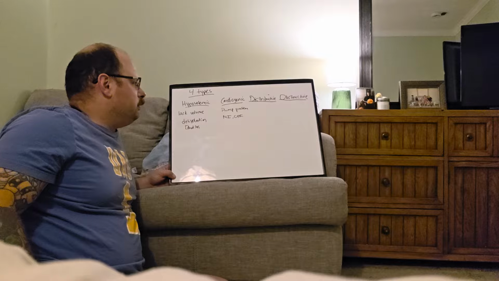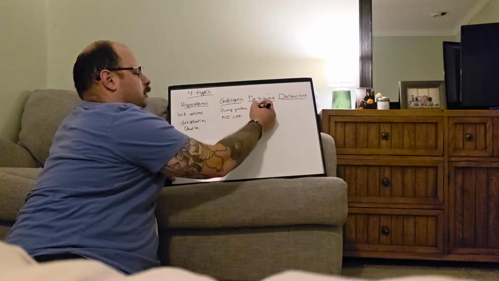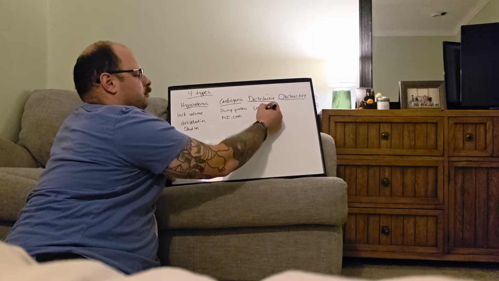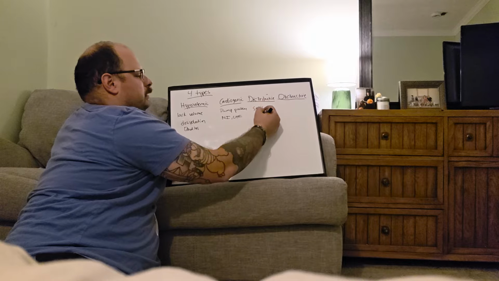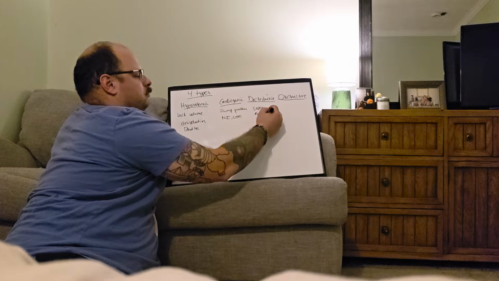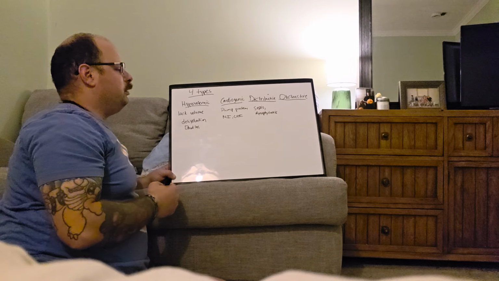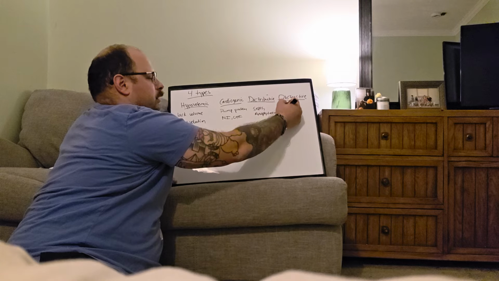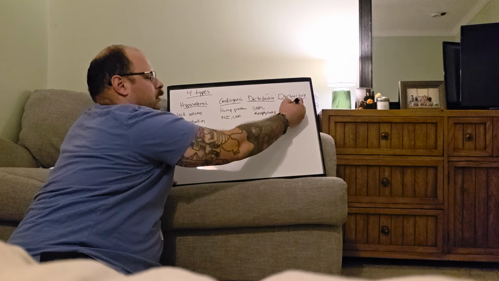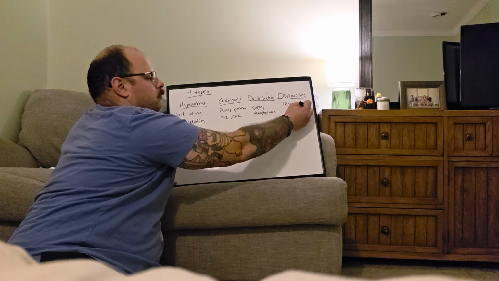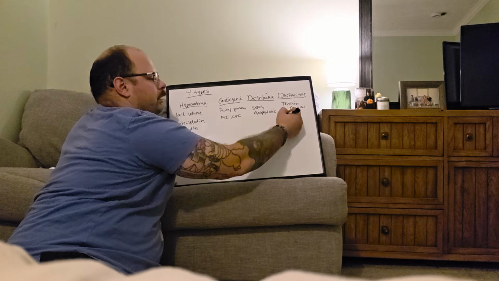Our distributive shock, we have our sepsis, anaphylaxis, things like that. And then our obstructive shock is our tension pneumo, or like a cardiac tamponade.